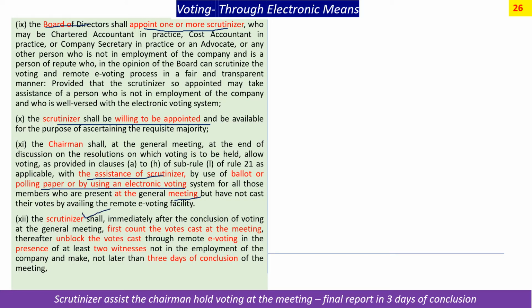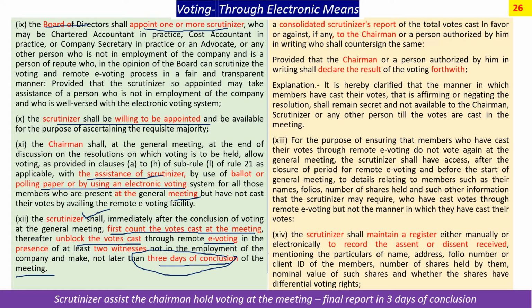And the scrutinizer, after he counts the votes cast in the meeting, he will unblock the votes cast on e-voting till the day before, and he will make a report on the results of the voting within 3 days of conclusion of the meeting. He will present the report to the chairman. The chairman will declare the result based on the report received by him.